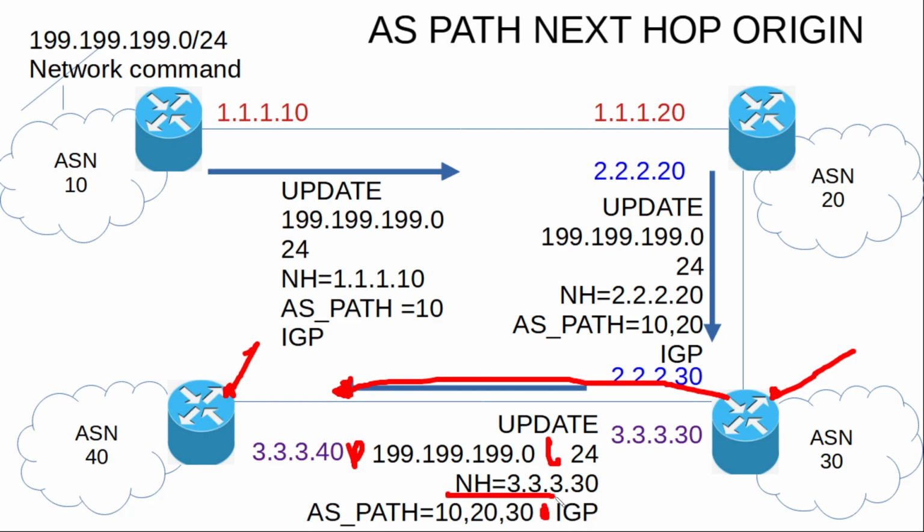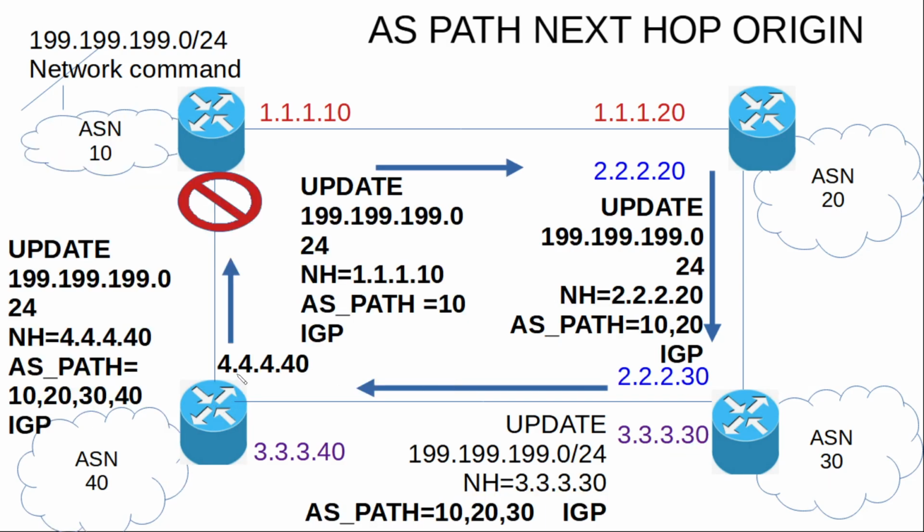But the next hop changes because it is advertising that this prefix is available through this IP address. And the AS path changes as well because this prefix has been advertised through this autonomous system, through this autonomous system, and through this autonomous system. So the AS path enlists what are the autonomous systems through which this prefix has been advertised through.